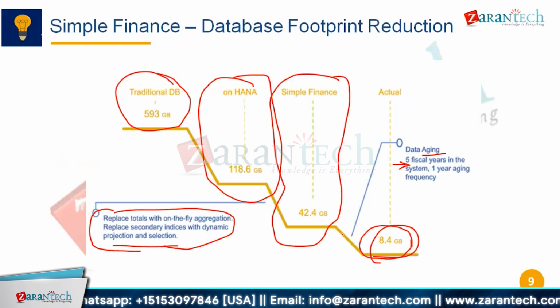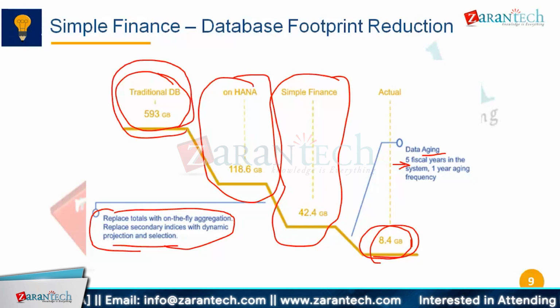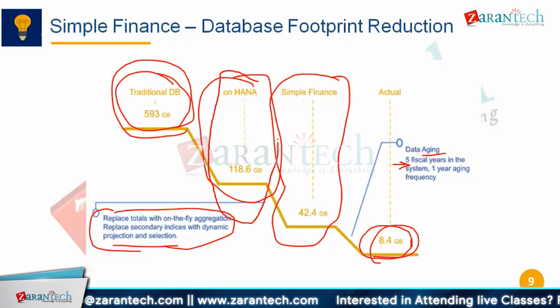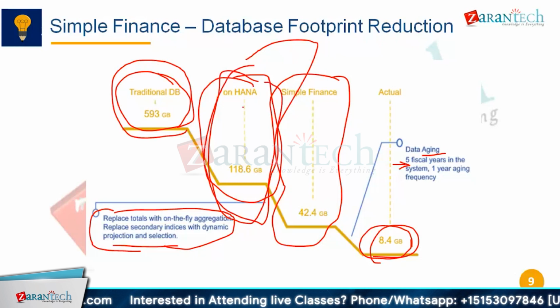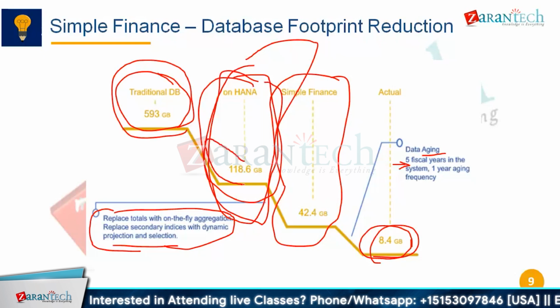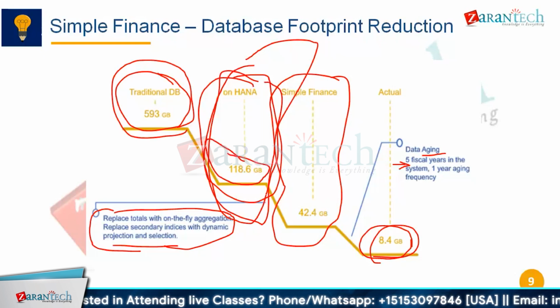So, simple finance database footprint reduction. Like in a traditional database, the storage was taking around 600 GB. In S/4HANA, the data is stored in an optimized form, or say reduced size, which is called compressed size. Okay. So the same data we could store within this much smaller GB.